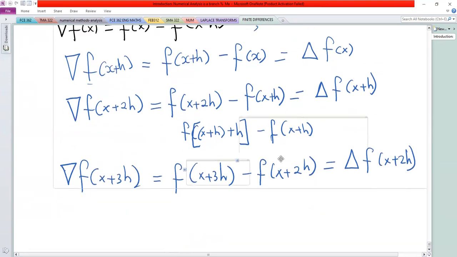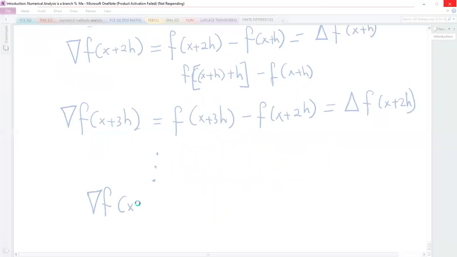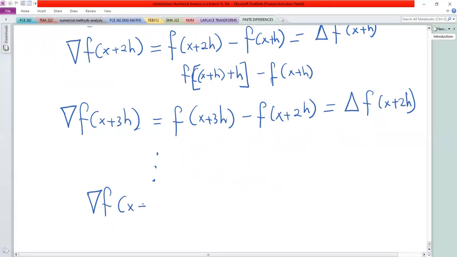Now this pattern will continue up to the point where I define the backward of f of x plus nh.